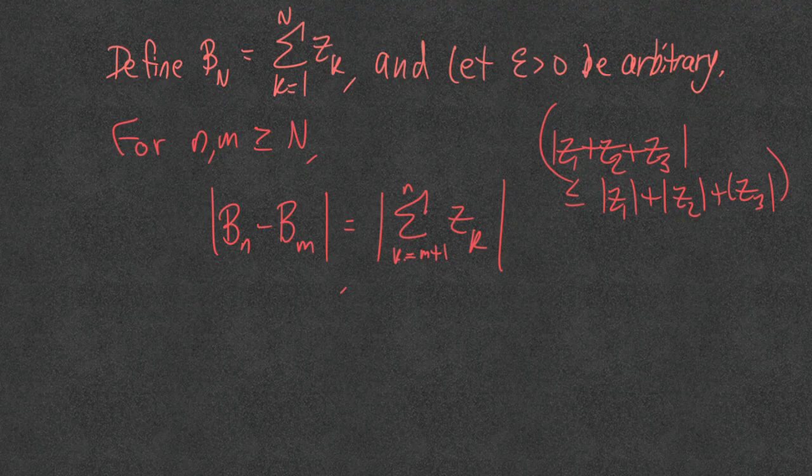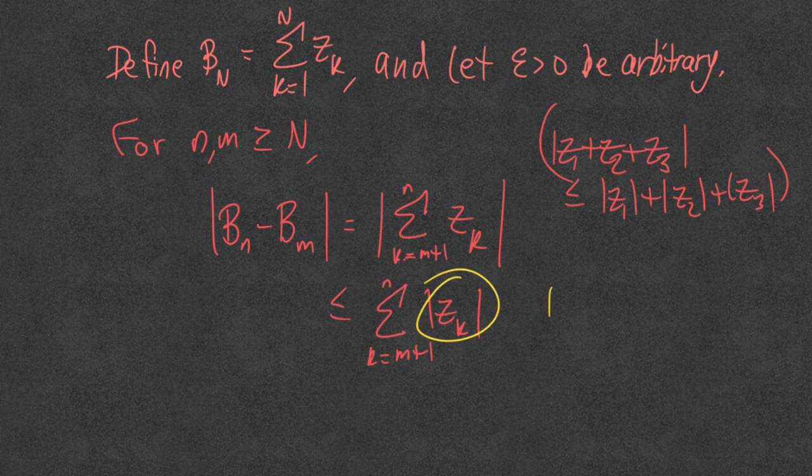So I can really just say that this is less than or equal to, and I can pull the sum out, like that. But then wait a minute, we know something about the moduli. We know that the modulus of z sub k is always less than or equal to a sub k. And a sub k has to be non-negative, because if it were negative, then this wouldn't make sense because this is a positive number. Okay, so that's why that was stated.